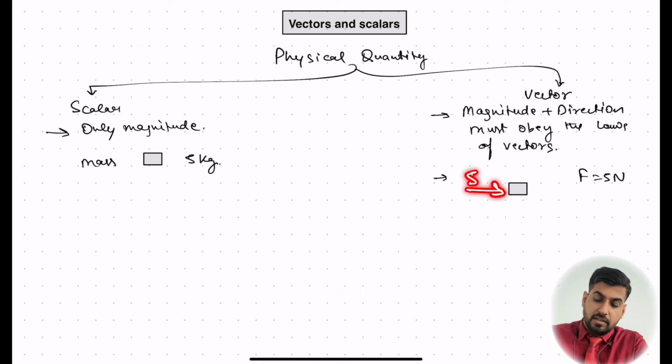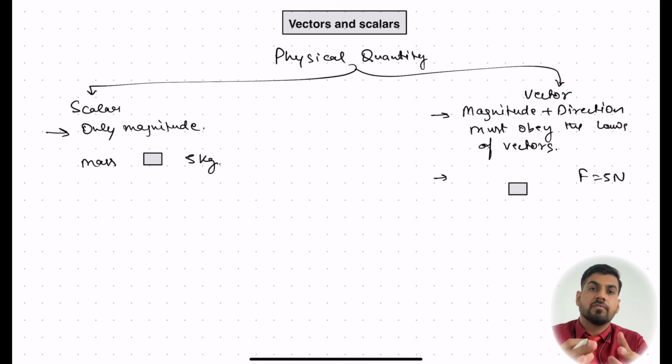It can act in this direction, it can act in this direction, it can act in this direction. So the direction is not specified, so the information is incomplete. If we don't know the direction, we cannot draw the force. So those quantities which require a direction to give complete information will be considered vector quantities.